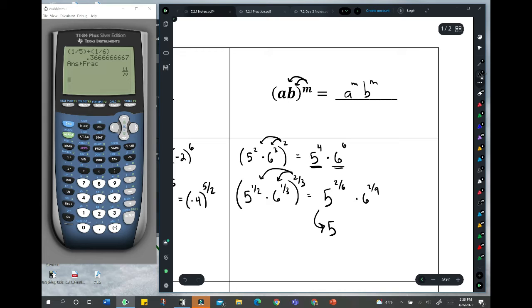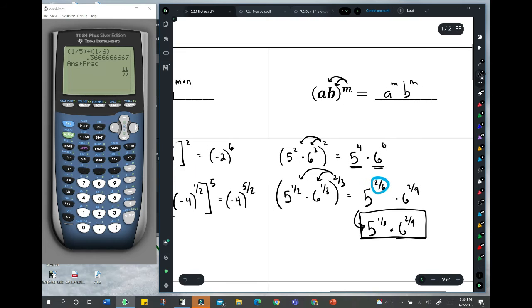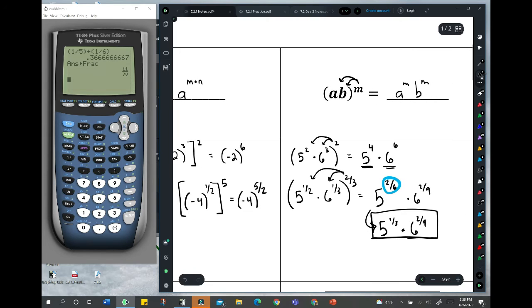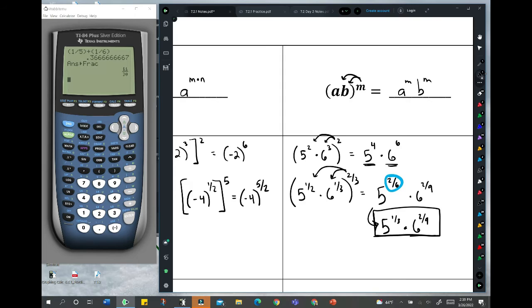What you can actually do is, if you notice how 2/6 can reduce, we could make this 5 to the 1/3 times 6 to the 2/9. Okay, you don't want to combine those in any way. Don't worry about, oh, this is a 9, this is a 3, we could add those somehow. Just leave that as your answer. That's all I'll be looking for. Okay, so we're just applying these properties to fractional exponents.